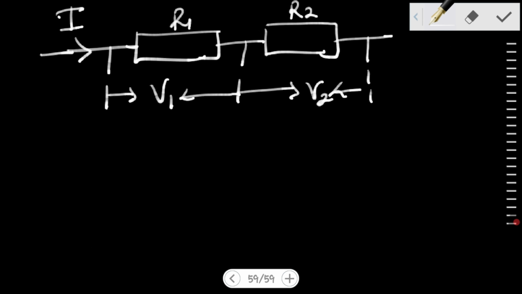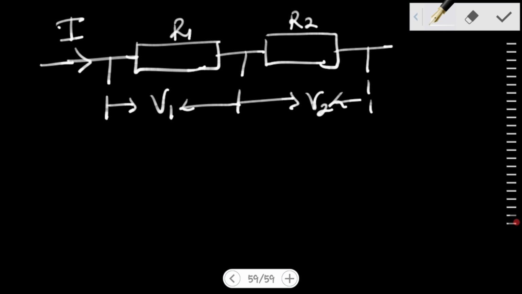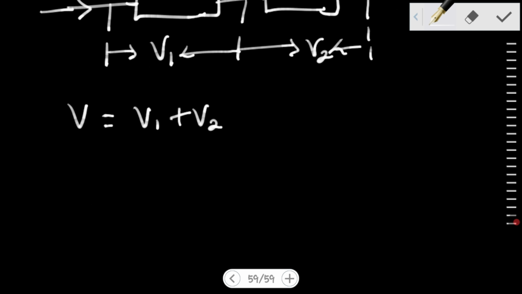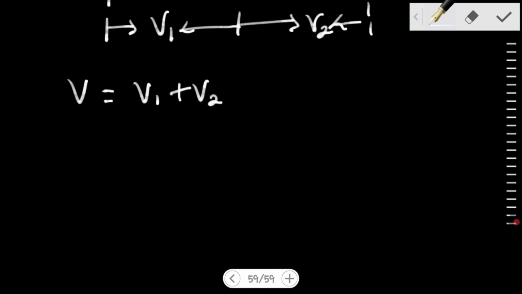Since the PDs are different, for the total PD I'll have V1 plus V2. Now, in case I want to get the other one, I have to make one the subject.